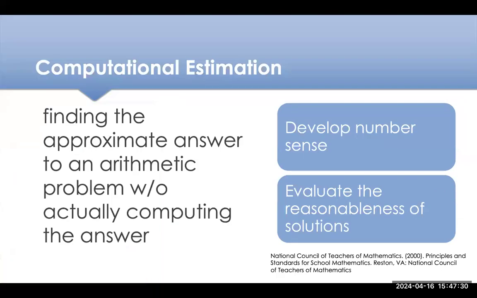So when we're thinking about estimation, we're really thinking about computational estimation, which is finding the approximate answer to an arithmetic problem without actually computing the answer, right? So here we want students to develop their number sense, and then we want them to evaluate the reasonableness of their solutions.